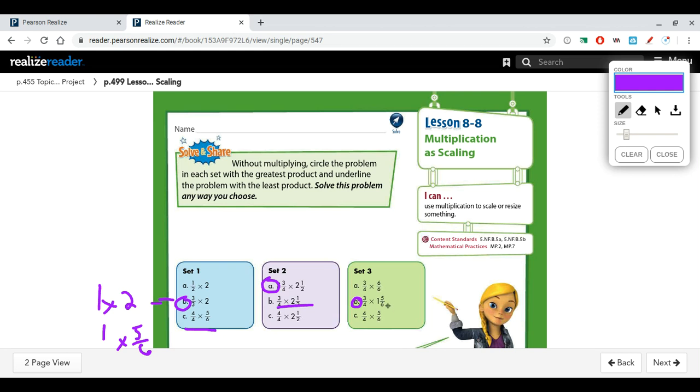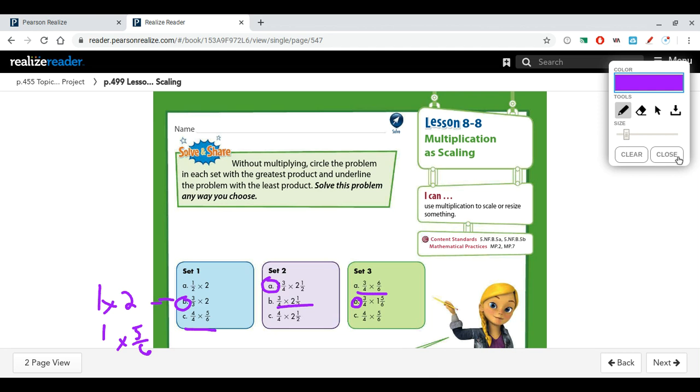So 3/4 of 1 5/6 is going to be greater than 3/4 of 6/6 or 5/6 of 4/4. Now I'm comparing 3/4 and 5/6. 3/4 is smaller than 5/6, so it's going to be the least product.